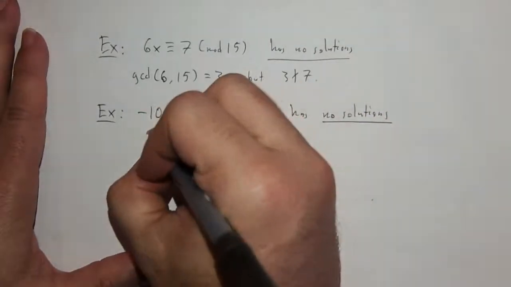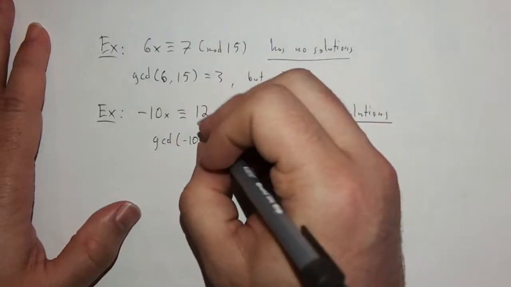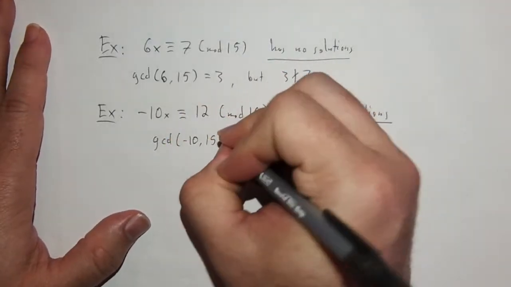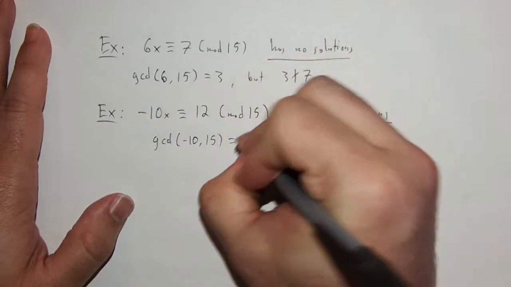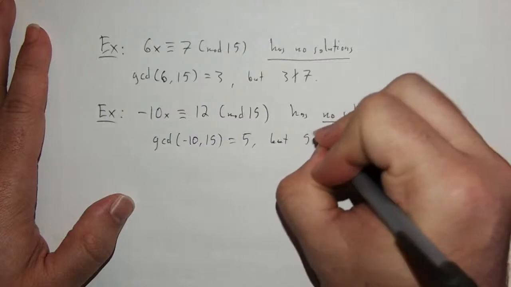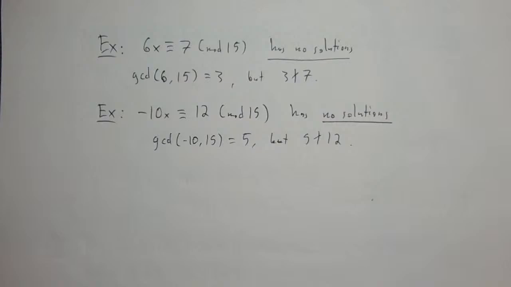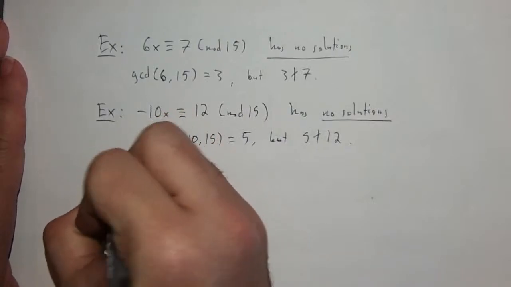To see that, the GCD of minus 10 and 15 is 5, but 5 does not divide 12. Okay. Another example.